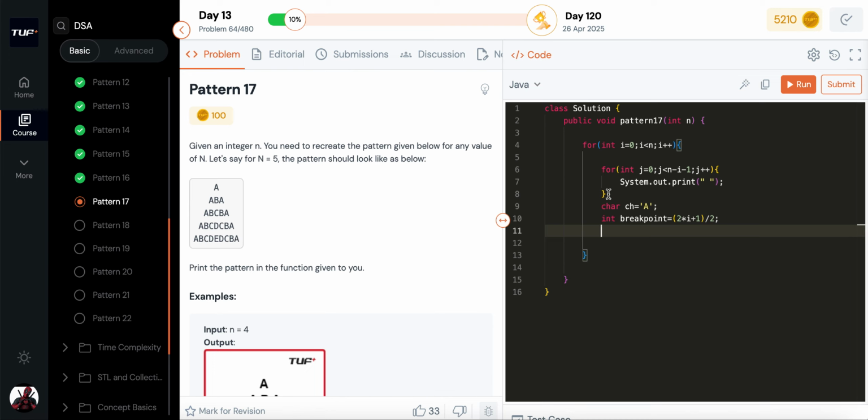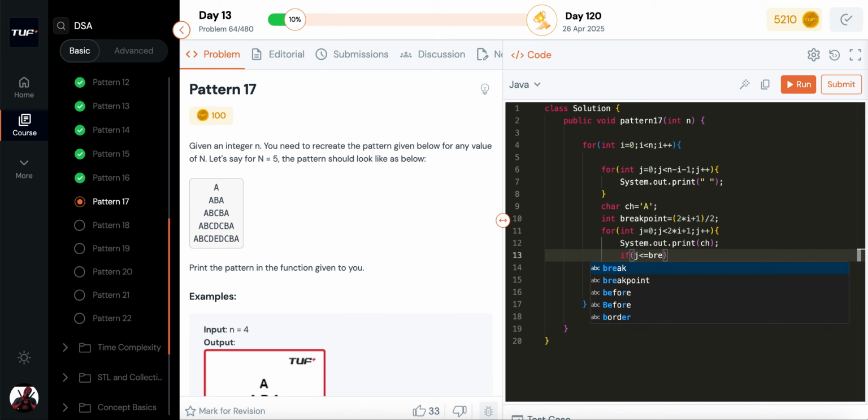So let's go to the next for loop. In the next for loop, we have to go till 2 into i plus 1, and we would print the character, whatever we have taken, and we should add a condition saying if our j is less than or equal to breakpoint, then we would increment the ch, else we would decrement the character.